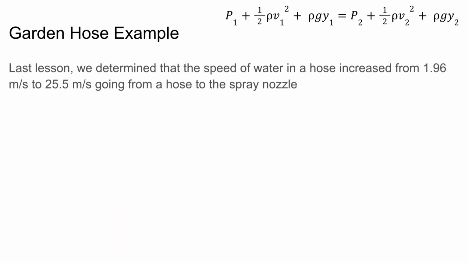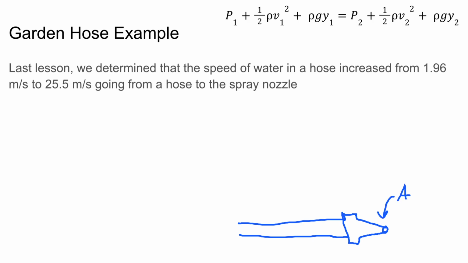So last lesson we walked through a problem with a garden hose, and we had a hose that looks something like this, right? And then at the end there is a nozzle, and that nozzle has a decreased area. So I'm going to call the area of the nozzle A2.